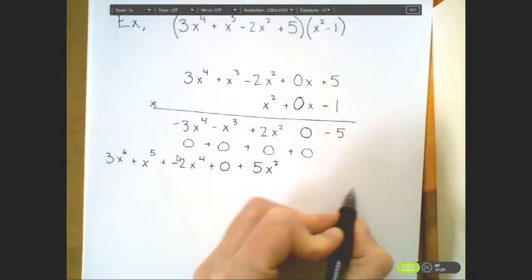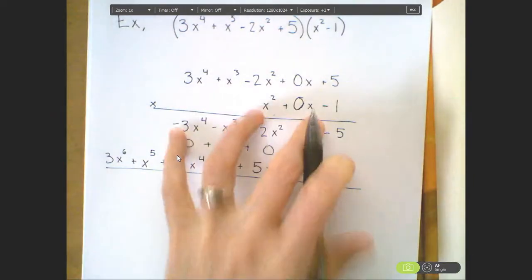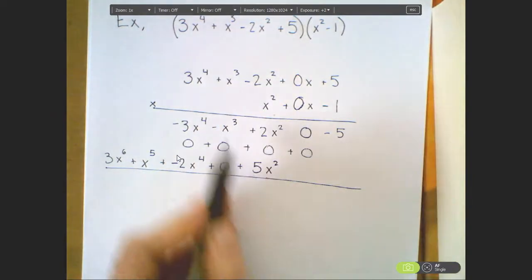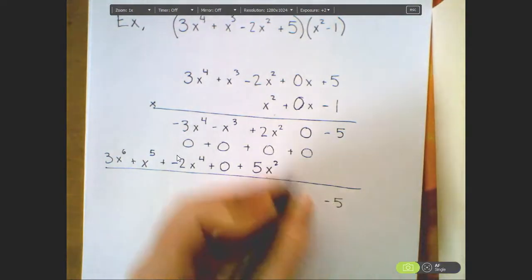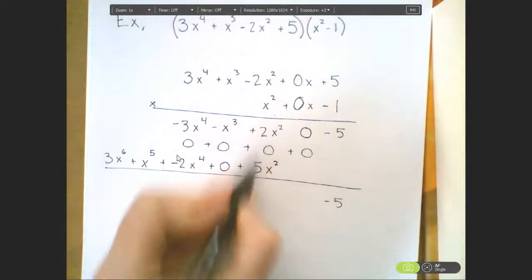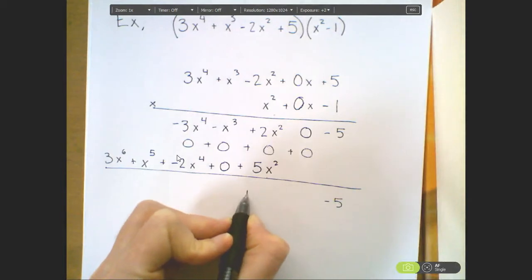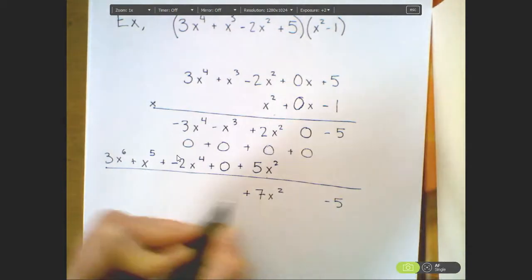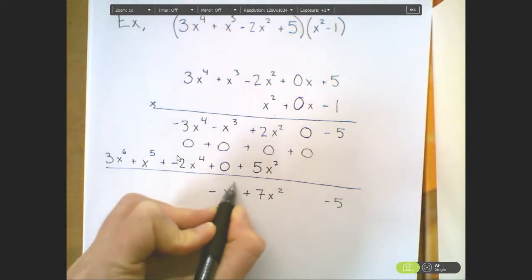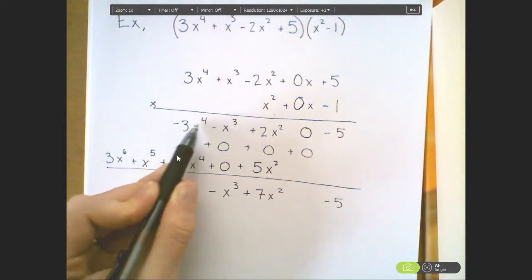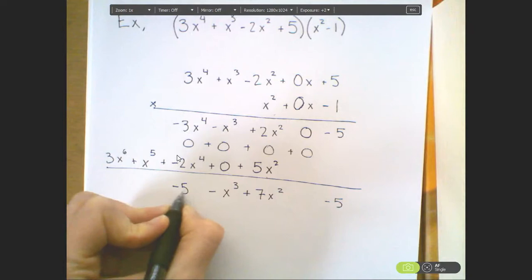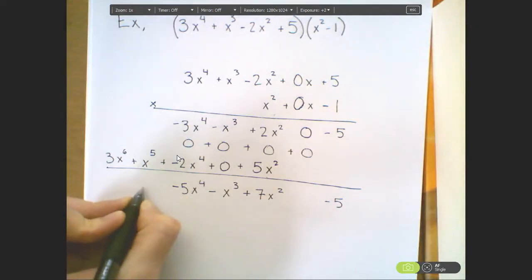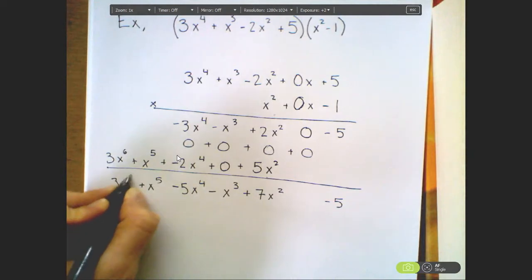And now I can just sum, and thankfully all of my like terms are going to be in all of the columns, and I'm left with -5, 0 x's, I get a plus 7x squared, I get minus x cubed, negative 3x to the 4ths minus 2x to the 4ths is negative 5x to the 4ths, plus x to the 5th, plus 3x to the 6th.